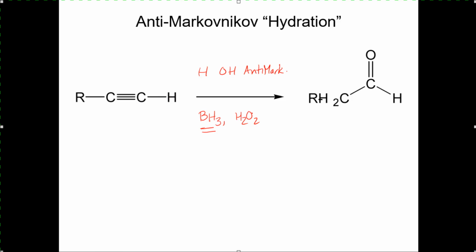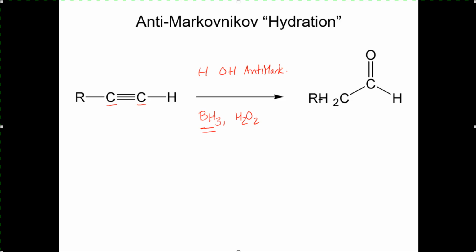And then the hydrogen peroxide came in and converted that boron into the OH group. Well, the problem with a carbon-carbon triple bond is it has a linear geometry, so distinguishing the steric hindrance between these two carbons is kind of difficult.